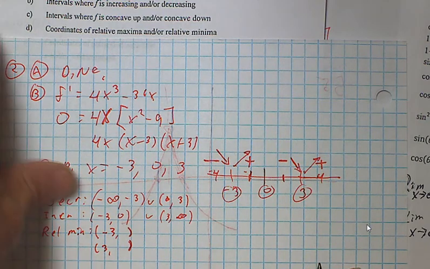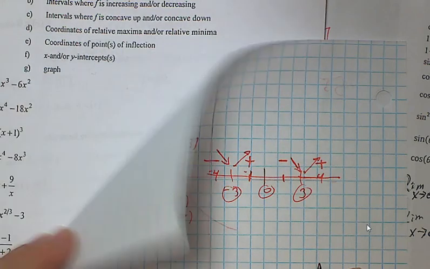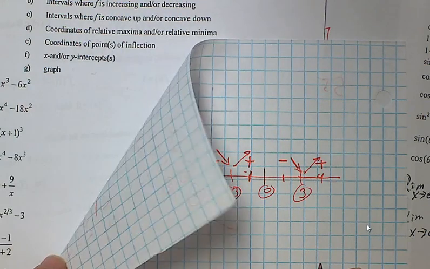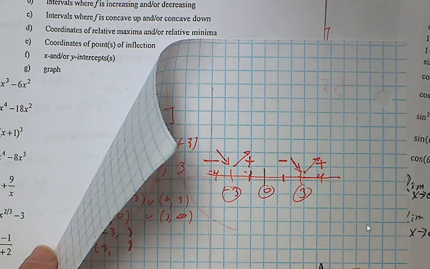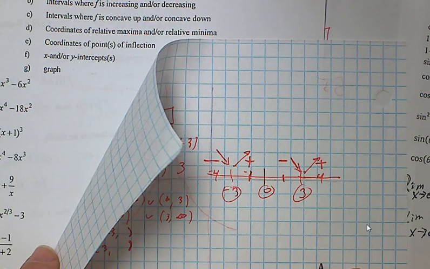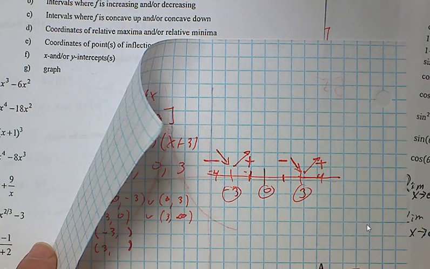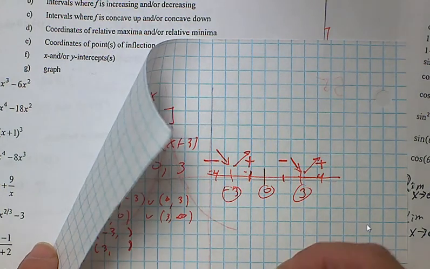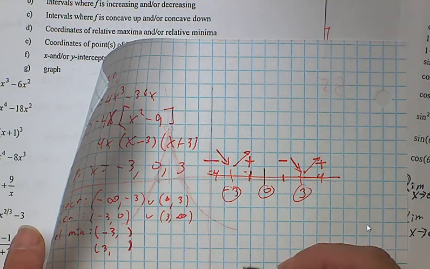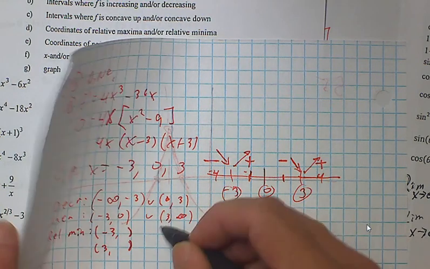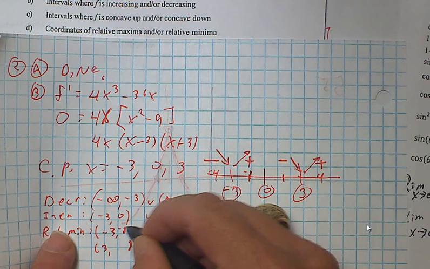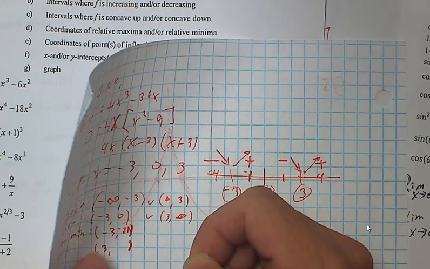So -3 to the 4th power, it's a +81, minus 18 times 9. Negative what? -81. Okay. Now do the other one. Should also get -81, shouldn't you? Okay, so there's your relative mins.